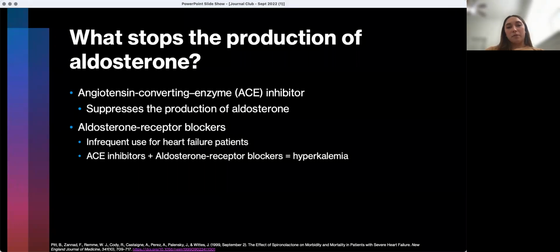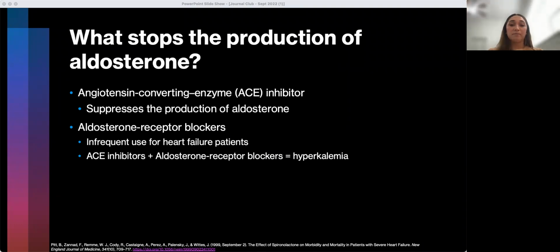So what stops the production of aldosterone? We know that angiotensin converting enzyme, or ACE inhibitors, suppress the production of aldosterone. And we also know that aldosterone receptor blockers work as well, but they're not used as much in patients with heart failure because these medications are often contraindicated in patients with renal insufficiency, so kidney problems, or serum creatinine levels higher than 2.5 milligrams per deciliter.